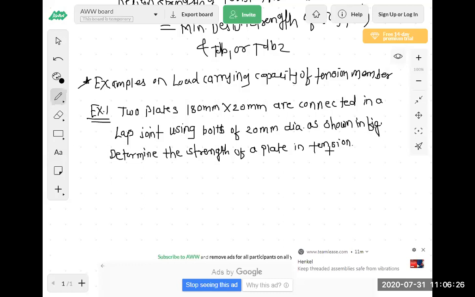Full stop. Take Fy is equal to 250 Newton per mm square and Fu is equal to 410 Newton per mm square.